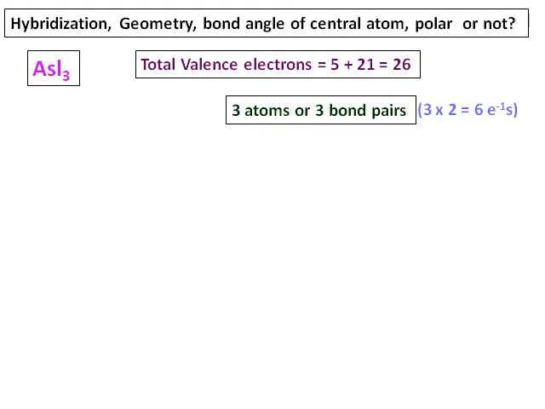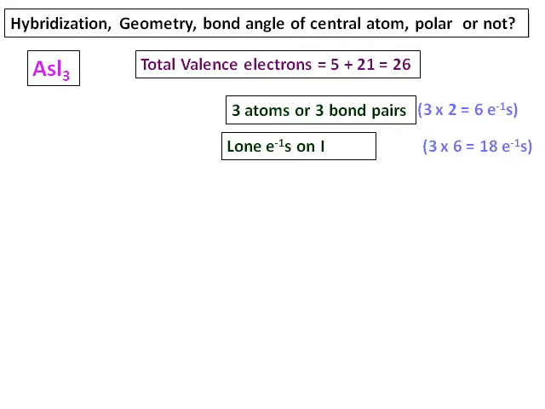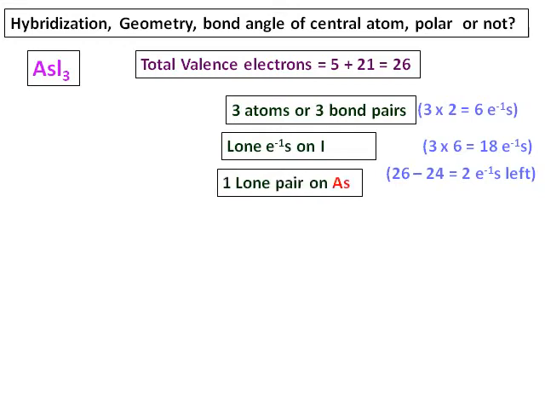I will have 6 electrons on each iodine, so 3 I's, therefore 3 times 6, 18 electrons are used up with iodine. So 18 plus 6, 24, and I am hence left with 2 electrons. So this will form a lone pair on arsenic. So arsenic will have a lone pair on it, and the structure will look as shown.